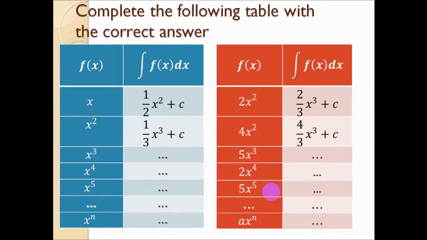Let's see the table on the screen. Complete the following table with the correct answer. From here we know it goes from x squared until x power of n, right?